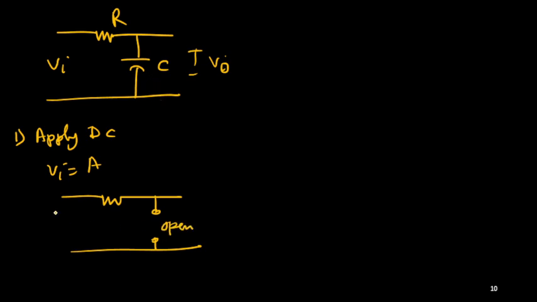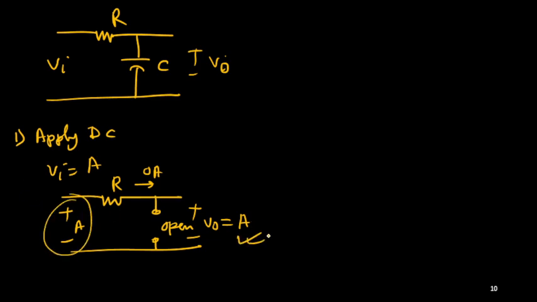If it is A magnitude, it is R, there is no current, 0 ampere, so no voltage drop across the resistance, so the output V0 will again be A. Whatever voltage we applied here, we are getting the same voltage, which means DC can easily pass through.